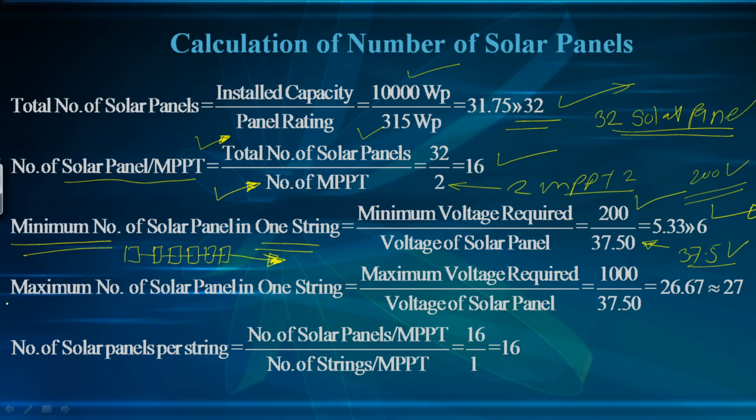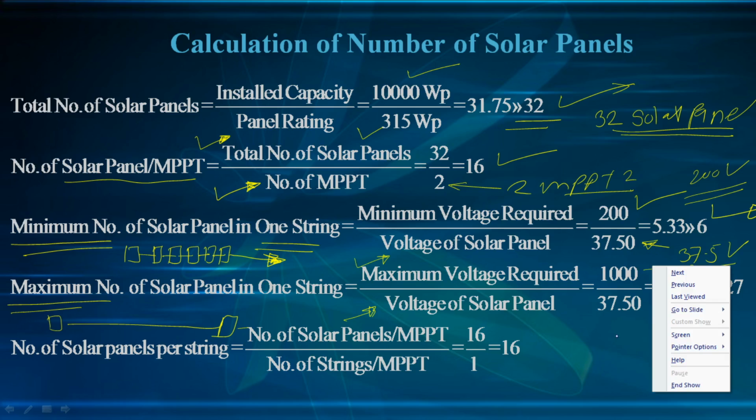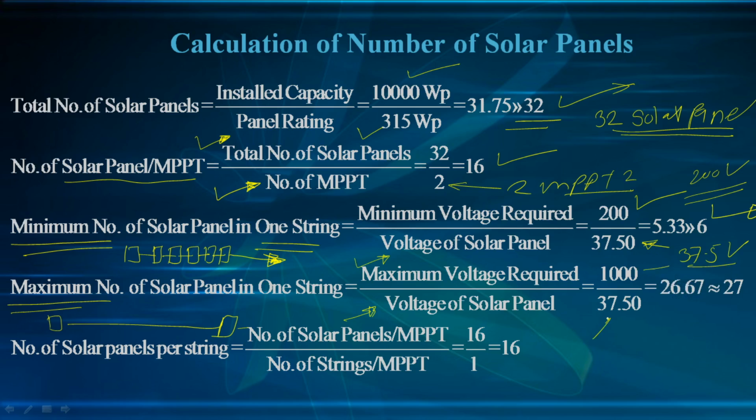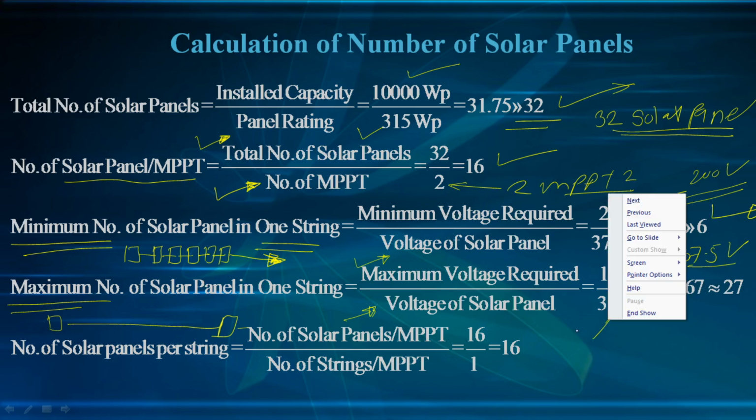Also, we have to calculate how many maximum panels we can connect in series combination in one row. We use this formula: maximum voltage required divided by the voltage of the individual panel. This maximum voltage we get from the data sheet of the inverter. Here it is 1000, and we divide by 37.5, the voltage of the solar panel.